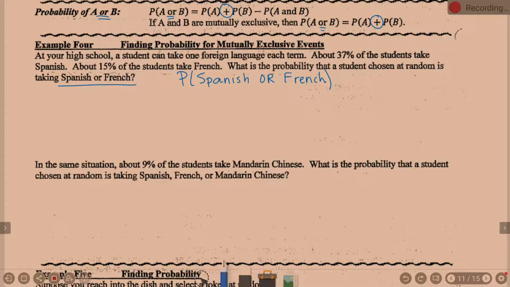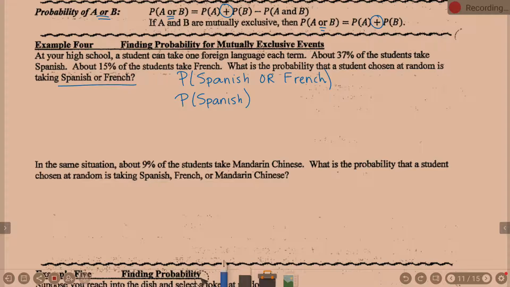Now, the key is these don't overlap because a student can take one foreign language each term. Does it say you can take Spanish and French at the same time? No. You're taking one or the other. So, start off with, what is the probability of a student taking Spanish?